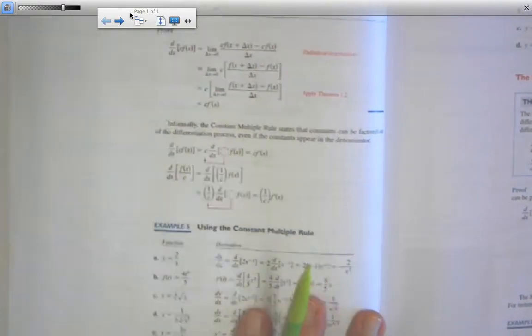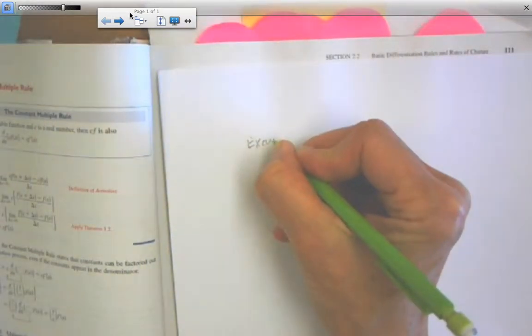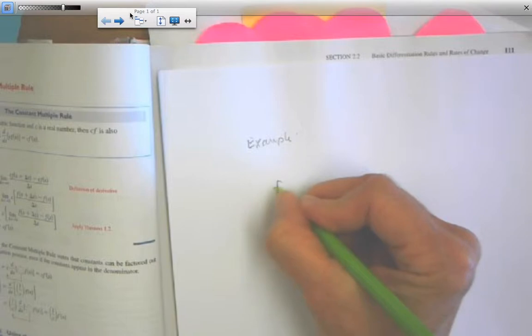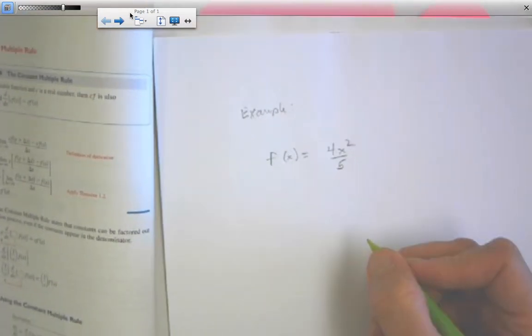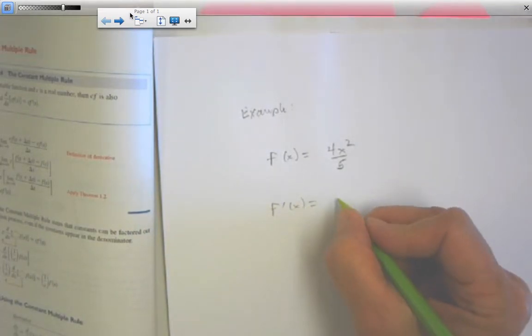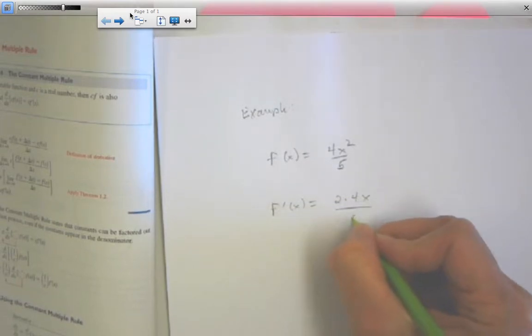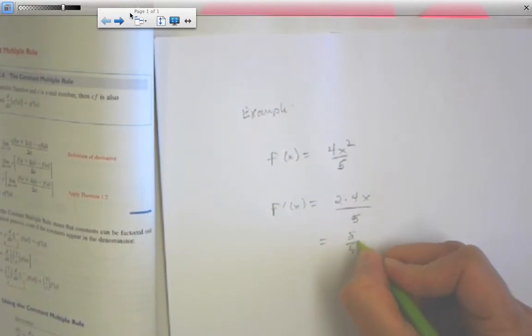Let's work another example. Let's say f of x equals 4x squared over 5, like we were working earlier. Okay, so the derivative is just going to be 2 times 4x over 5. And there's nothing else I can do to that, so that's just 8/5 x.